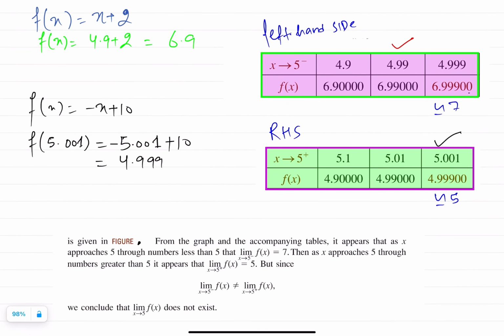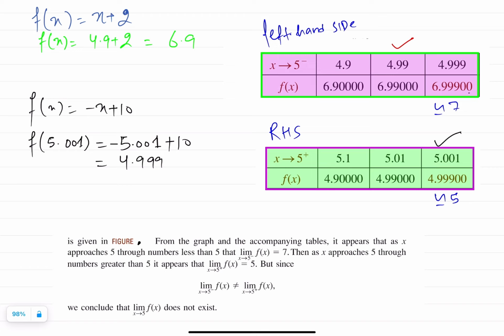From the table and the graph, it appears that as x approaches 5 from numbers less than 5, we're getting a limit that is almost equal to 7. And if we approach 5 from numbers greater than 5, that is from the right hand side, we're approaching a limit equal to 5.